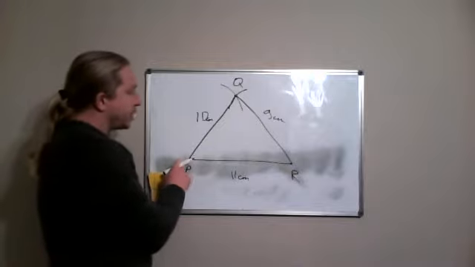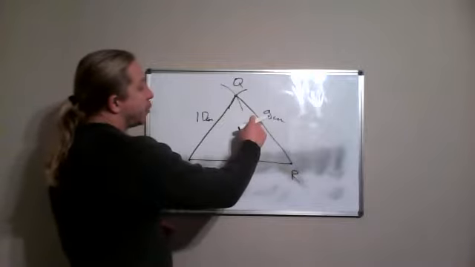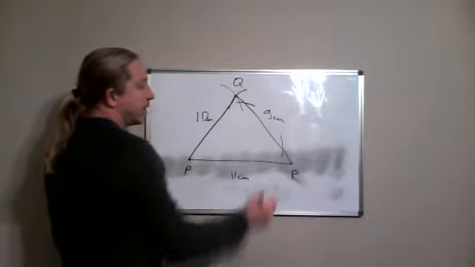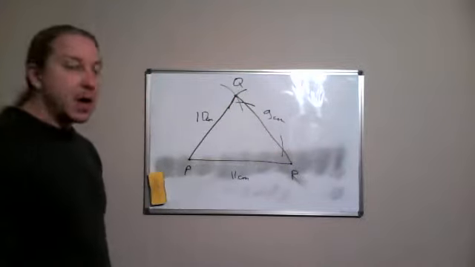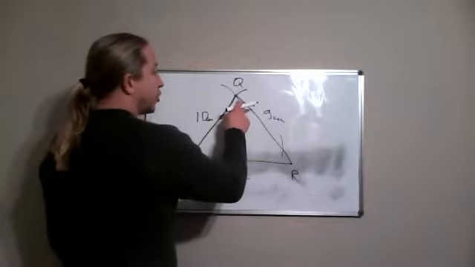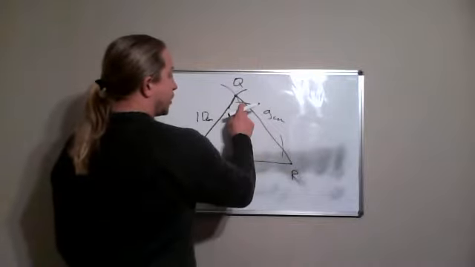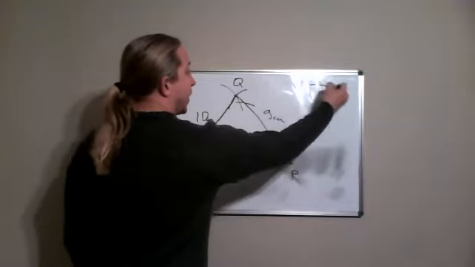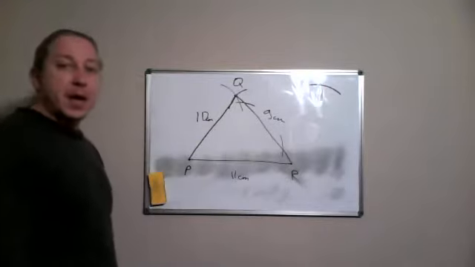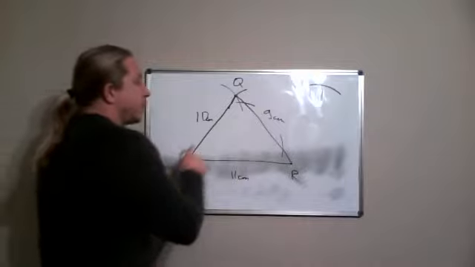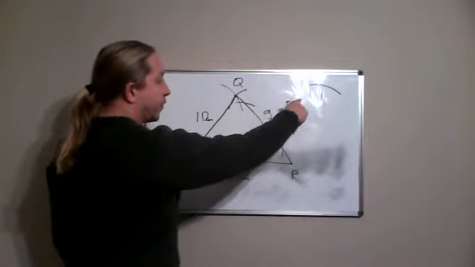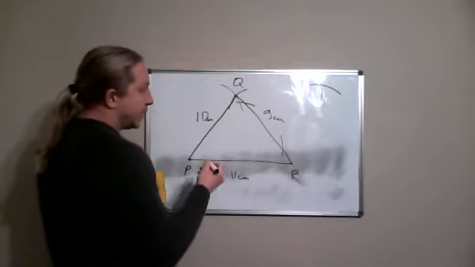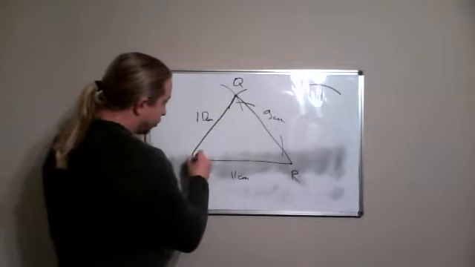Put your compass point at P, stretch it out further than this line and make two arcs on that line like that. Then you take your compass and put it into those two arcs. First there, make an arc there, put it into here, make another arc. Now if you join P and this intersection over here, that will give you a perpendicular line which is at 90 degrees. So that's what they told us to do.